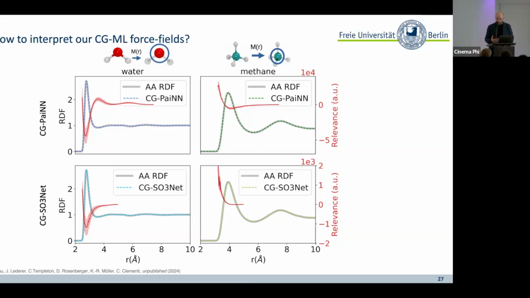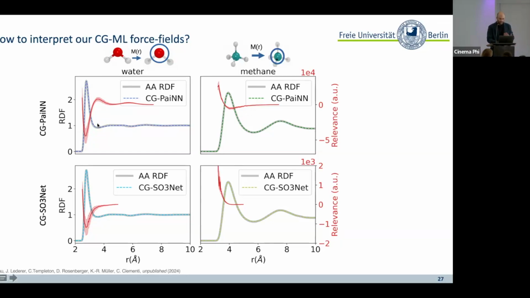This minimum here indicates that, in terms of two-body interaction, we have a stable point, and this corresponds to the peak of the RDF, again a peak of some sort of probability distribution.